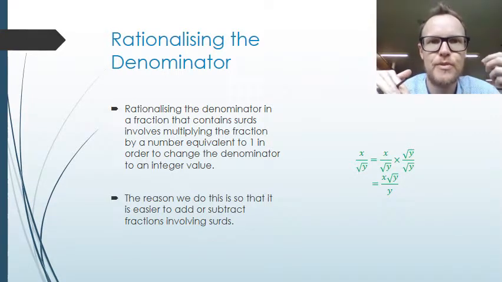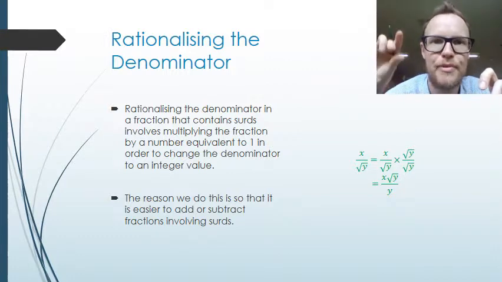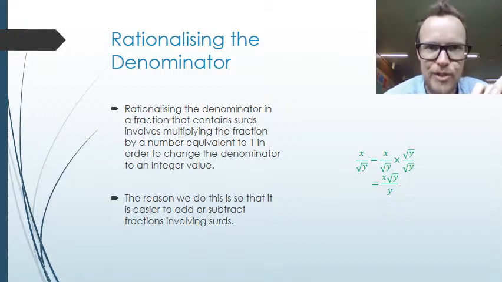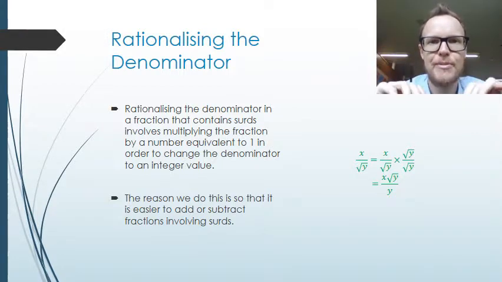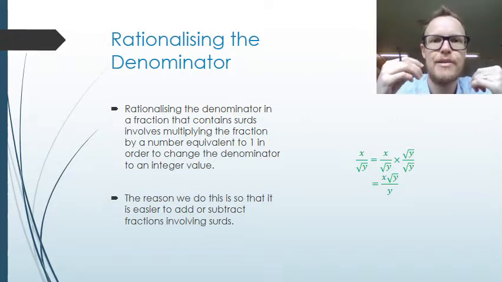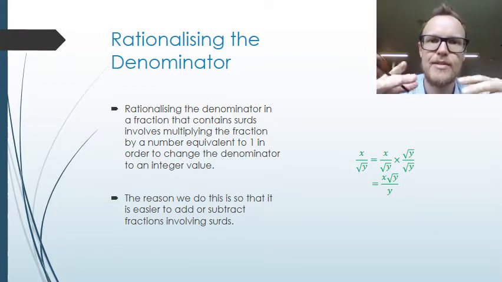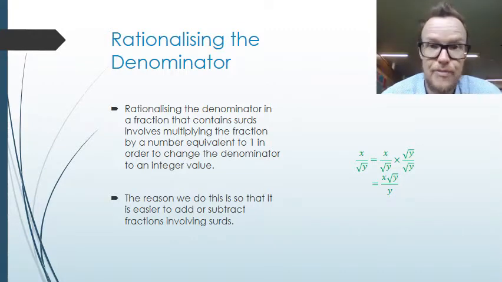For example, if the square root of 3 was on the denominator, if I multiply that fraction by root 3 over root 3, root 3 over root 3 is 1. It's not going to change the actual expression, but it will make the denominator root 3 times root 3, which is just 3.